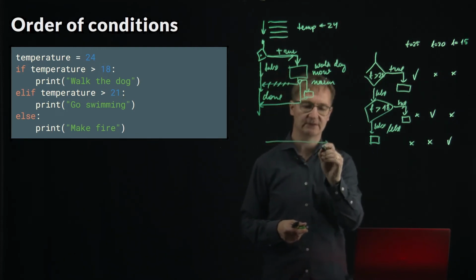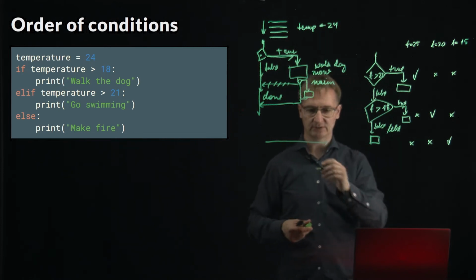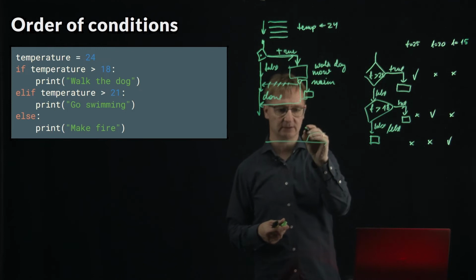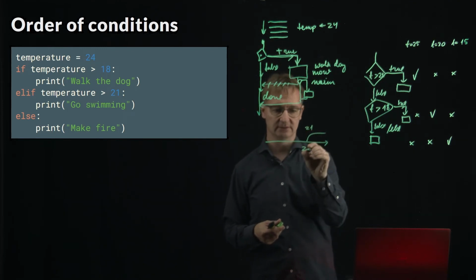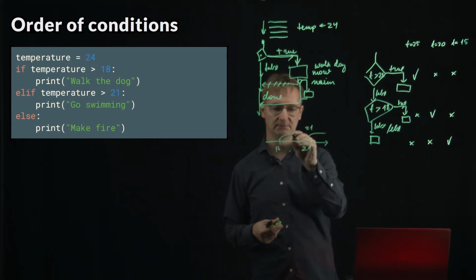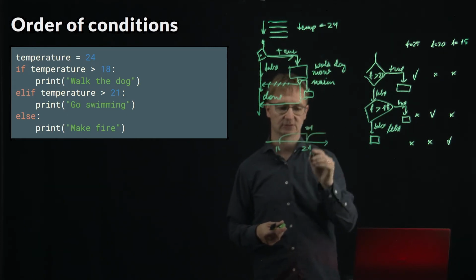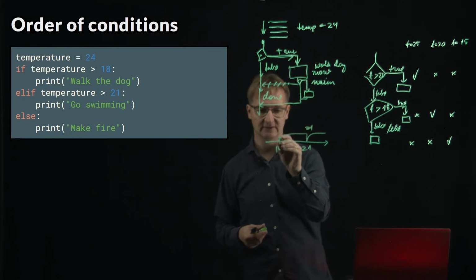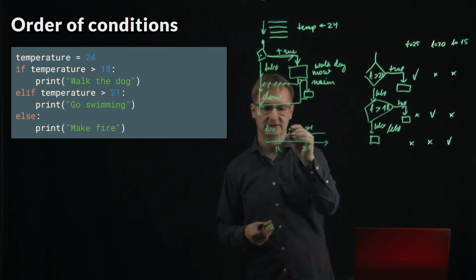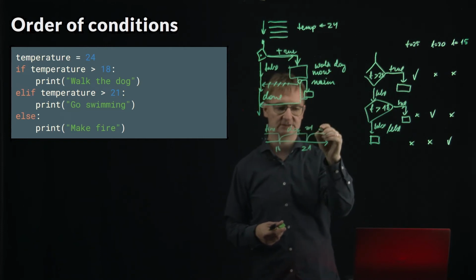We can say that we have different areas where we want something to be done. Here it's basically 21, here 21, and 18 here, and mathematically we could draw something like that. And everything here is let's make a fire, let's walk the dog, let's swim.